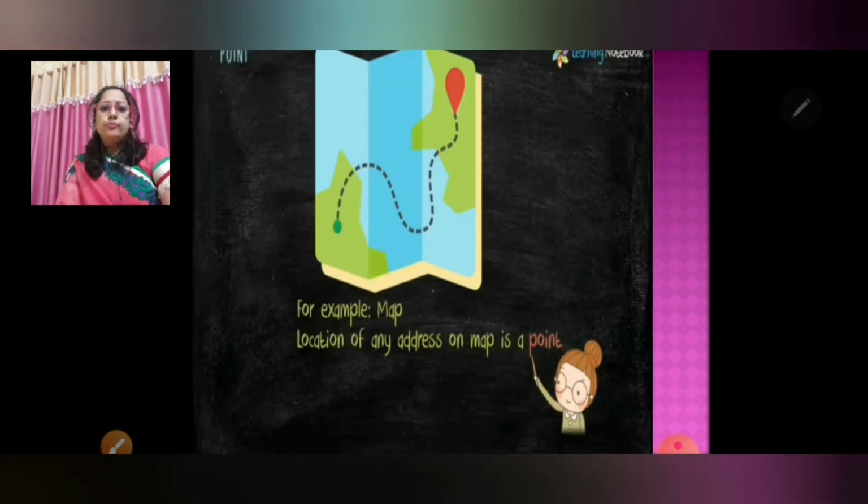An example of a point is the location of any address on a map. So children, we can also say that a point is an exact location or position.